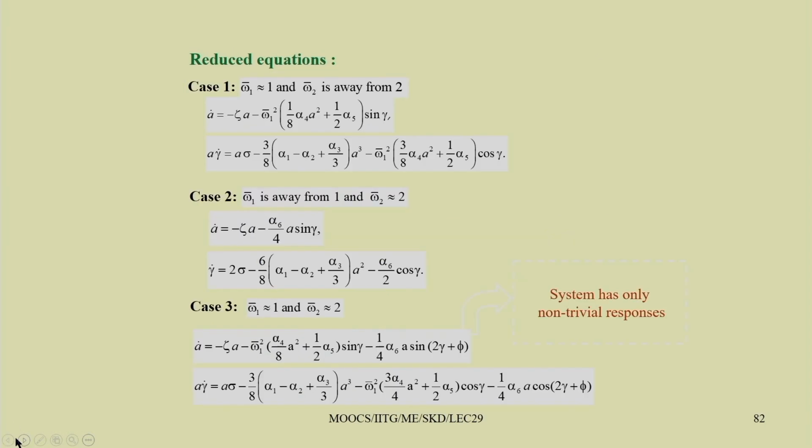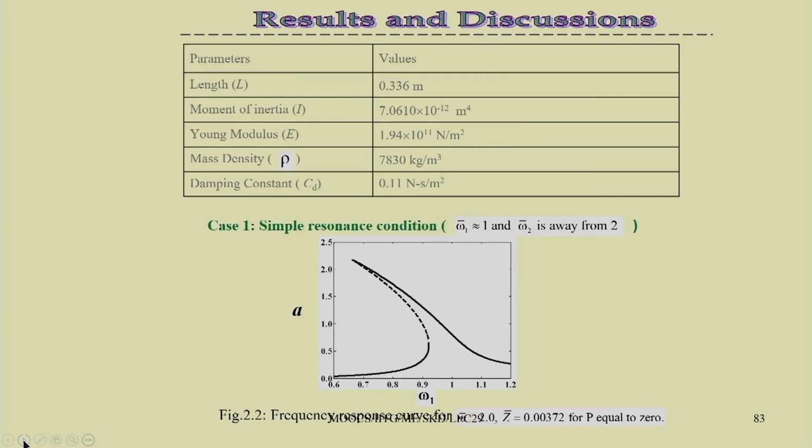For the first case these are the reduced equations, in the second case we have this reduced equation, and in the third case these are the reduced equations. The system has only a non-trivial response in this third case.